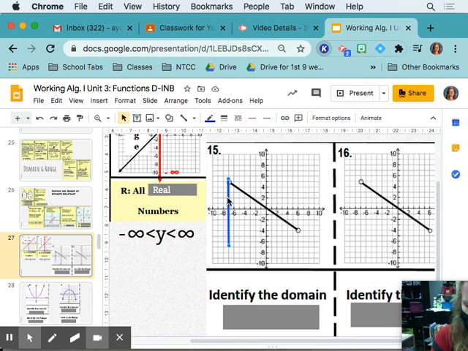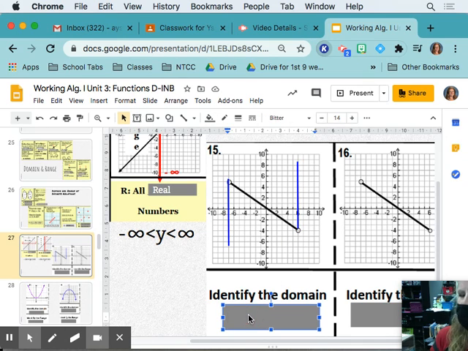So I'm going to click on it, Control C, Control V to get another one just like it. So the domain is going to go from -7 to +6.